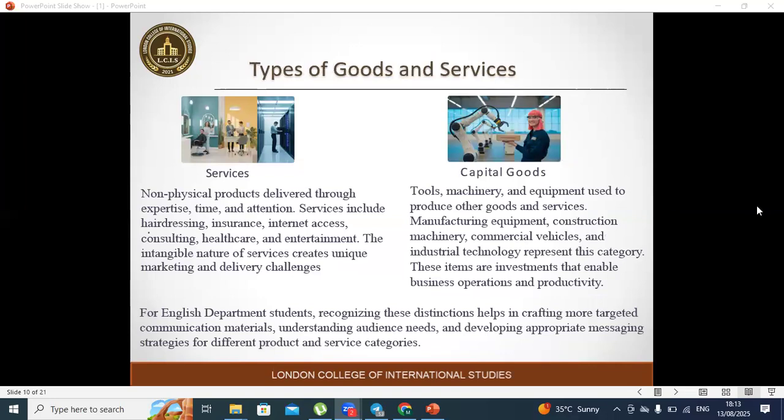As well, services. I told you we have services, we have goods or products. Non-physical products delivered through expertise, time, and attention, just like online courses. Whatever I'm giving you right now, it's services. Services include hairdressing, when you go to the hairdresser, it gives you a service.